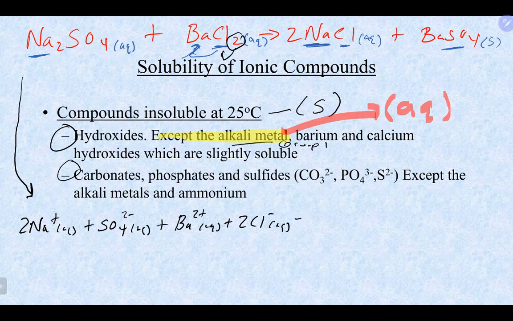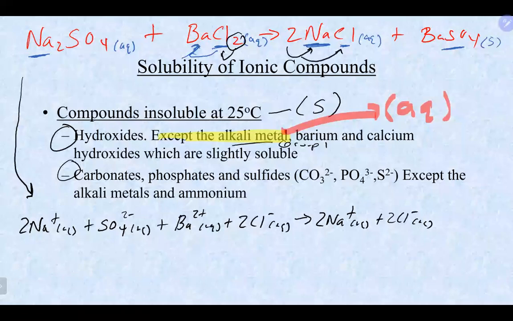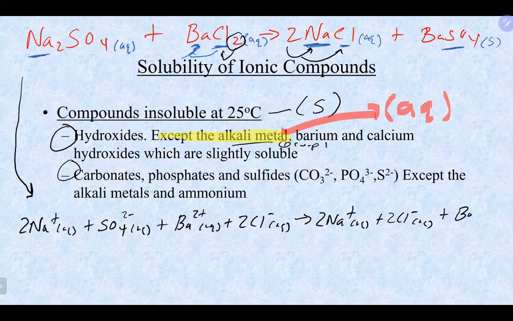Coming to the other side, our sodium chloride would break apart into 2 sodium ions and 2 chloride ions. And once again, the 2 here would be distributed to both of those ions when it breaks apart. And our barium sulfate would stay together here as a solid.